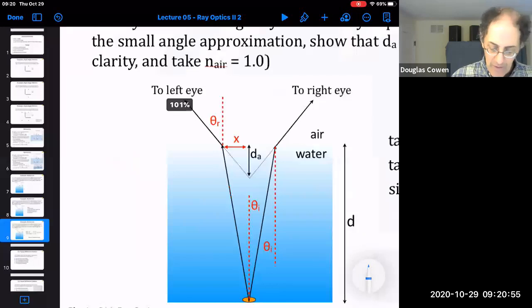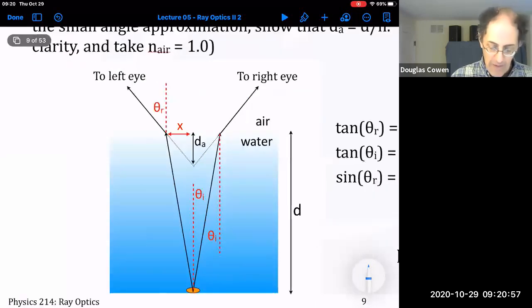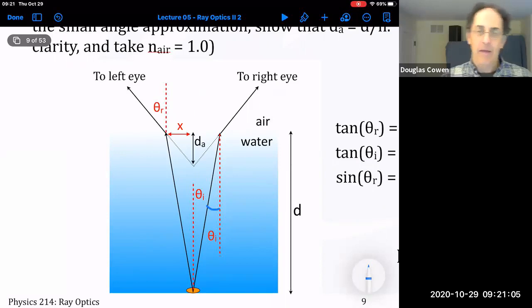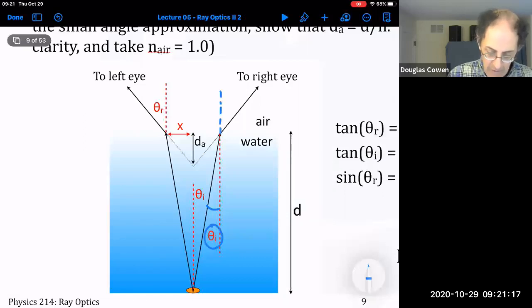So let me just go through what those angles are. The angle of incidence, and we'll just look at the ray on the right hand side, since it's behaving exactly the same as the ray on the left hand side, is shown by that theta sub i there. And then the angle of refraction is shown here.